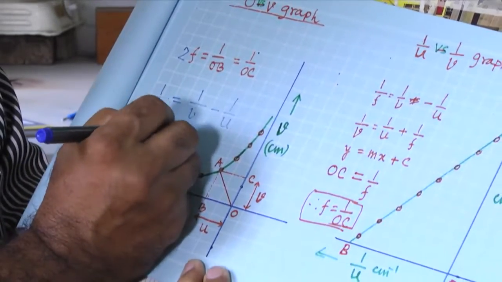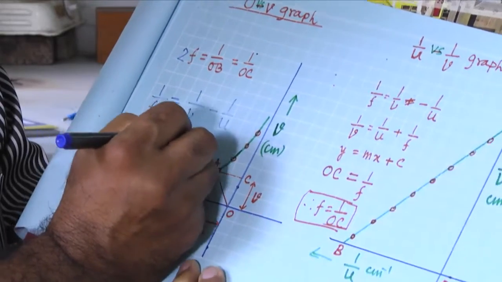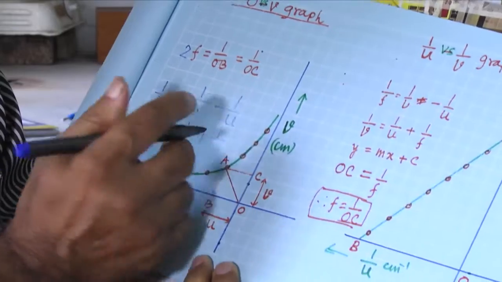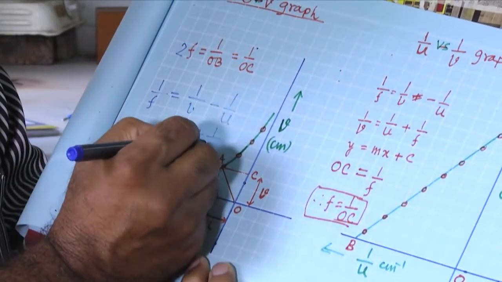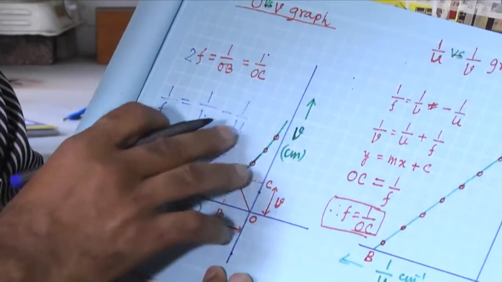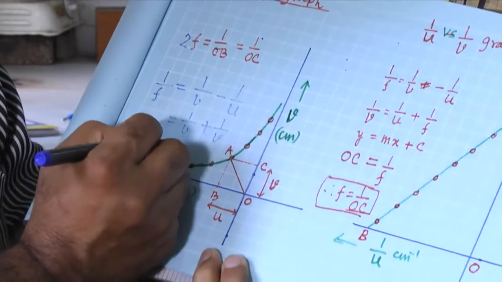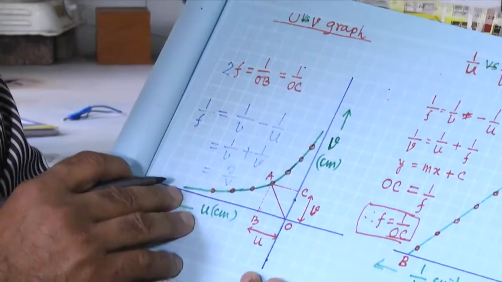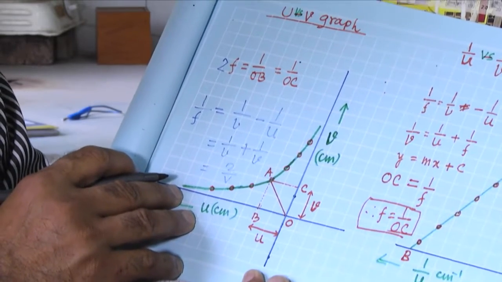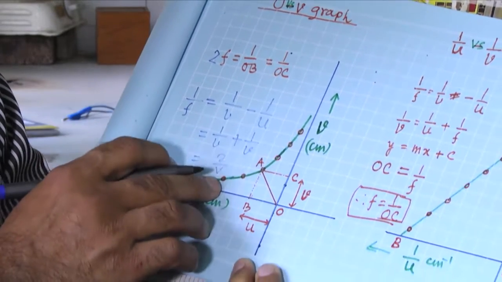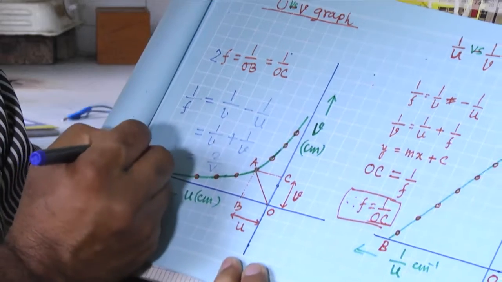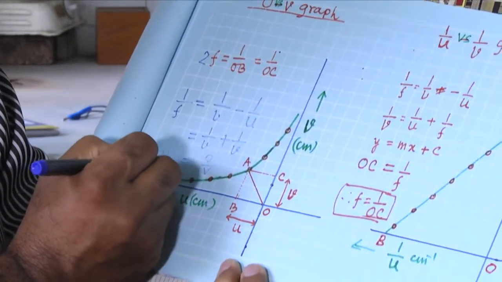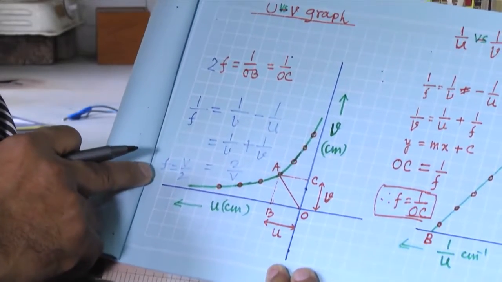So it will be 1 by v plus 1 by v, same distance, u equal to v. So this will be 2 by v. So 1 by f equal to 2 by v, so f equal to v by 2.